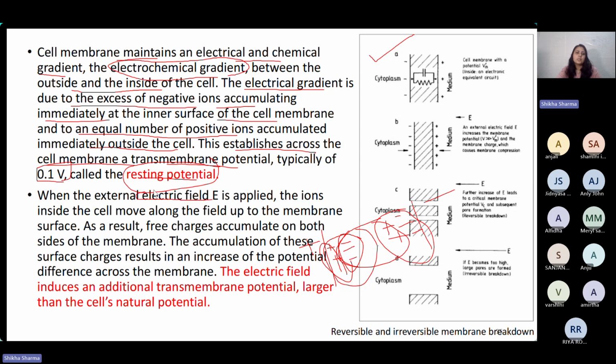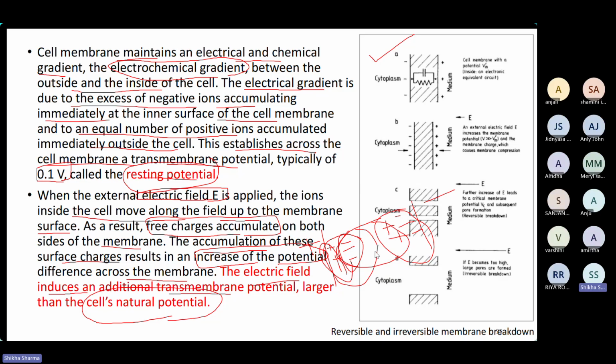But when we apply a very high electric field, the ions in the cell move along the electric field to the membrane surface. Because of this, free charges accumulate on both sides of the membrane, and the accumulation of these surface charges results in an increase in potential across the membrane, which creates an electric field that induces an additional transmembrane potential, larger than the cell's natural potential.